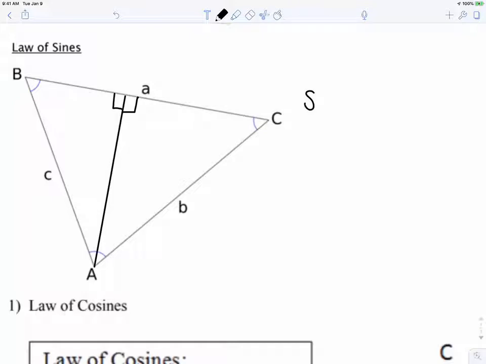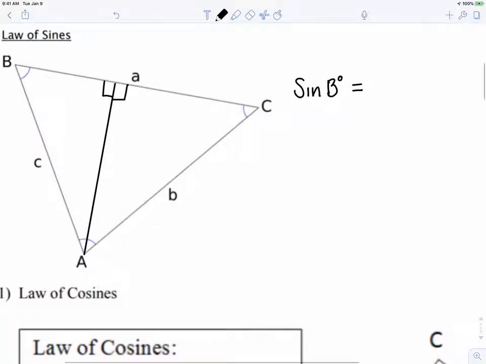The first one I want to know is what is the sine of angle B? So what is the ratio for the sine of angle B? Sine is what again? The ratio is what over what? Opposite over hypotenuse. Okay, so what is opposite from angle B?